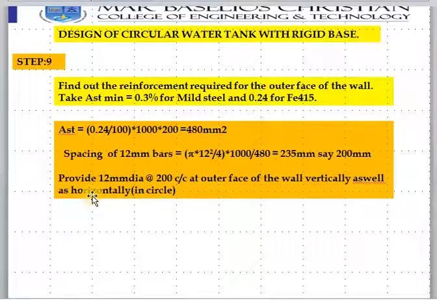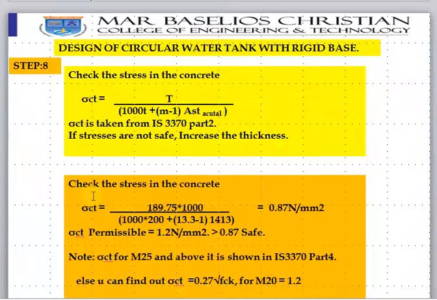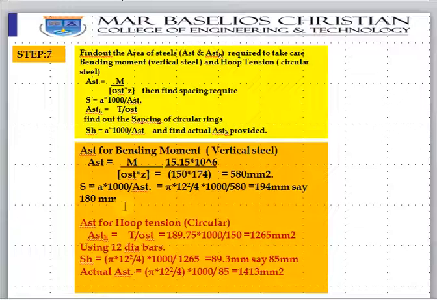Okay, so you have two types of reinforcement now. I will tell you these things, you just keep in mind. Because vertical reinforcements are 12 dia at 180 center to center, and circular reinforcement is this one, 12 dia at 85 center to center.